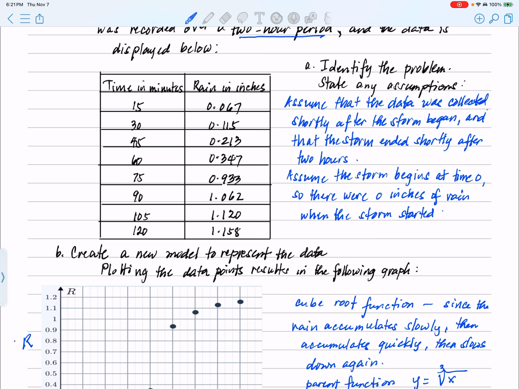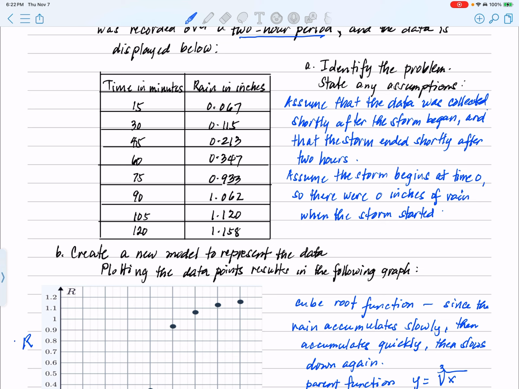To identify the problem, we need to clarify what the model intends to measure, predict, or solve. Some questions we may need to consider: when did the storm begin and end, and how do these times relate to the times when the data was collected? How will most rain accumulated be defined? Is the amount of rain that accumulated a cause for concern?